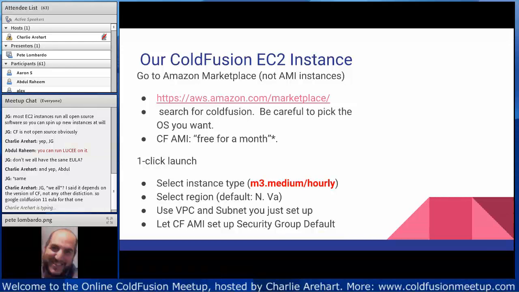Be careful with the selection of instance type. The M3.medium hourly option was the cheapest of the hourly options. But that's not what it jumps to by default. It wants to go into a much more expensive option.